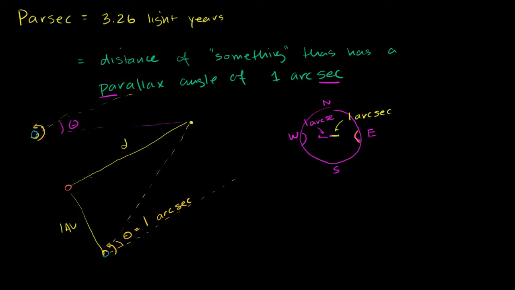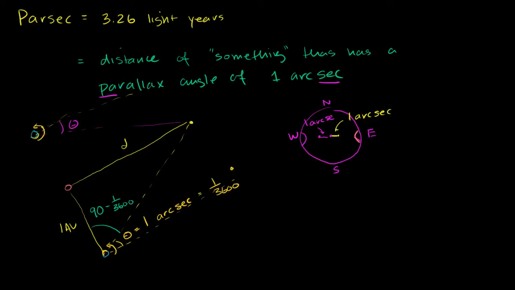What is an actual parsec in terms of astronomical units or light years? So if this is 1 arc second, and remember, 1 arc second is equal to 1/3600th of a degree, then this angle right over here is going to be 90 degrees minus 1/3600.